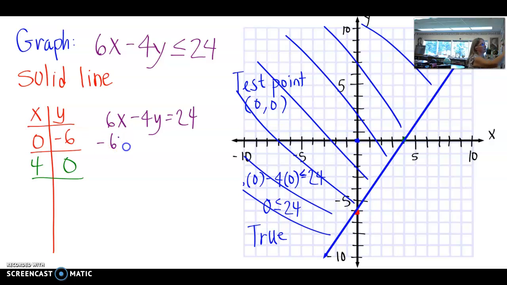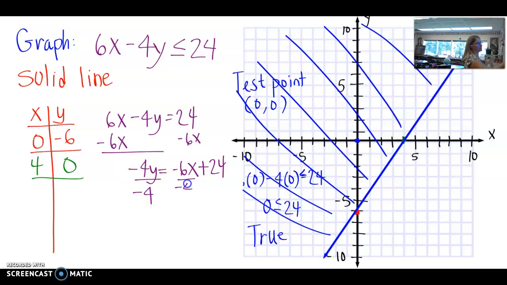So you would subtract 6x, and on this side the 6x goes away, and I have negative 4y equals negative 6x first, because I want it to look like y equals mx plus b, slope-intercept form. When I solve for y, I have to do that by dividing everything by negative 4.